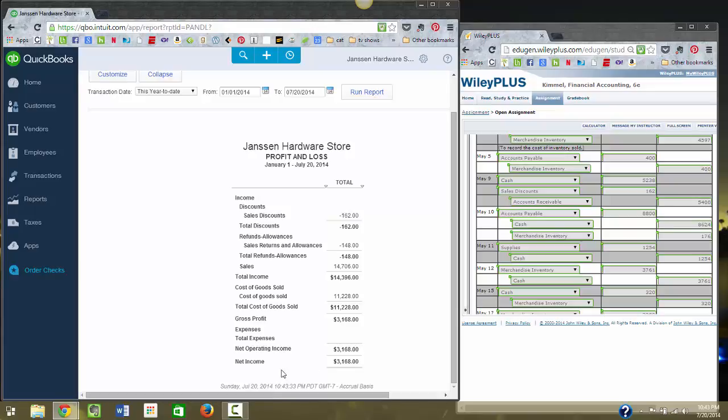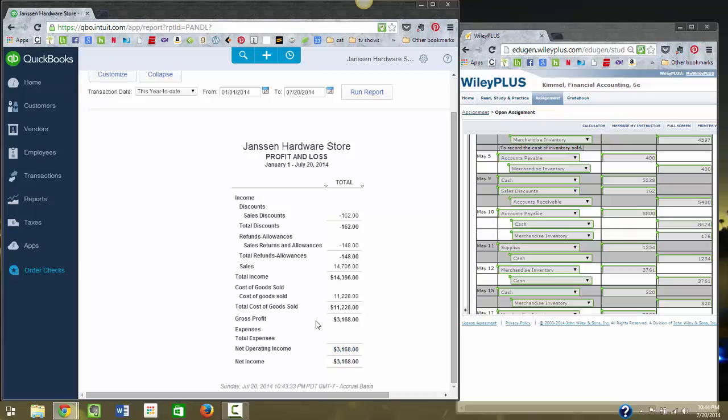So we can see here that we have sales, we have our contra sales accounts, sales discount and refunds are listed as negatives. It gives us our total cost of goods sold, our gross profit, net operating income, net income.